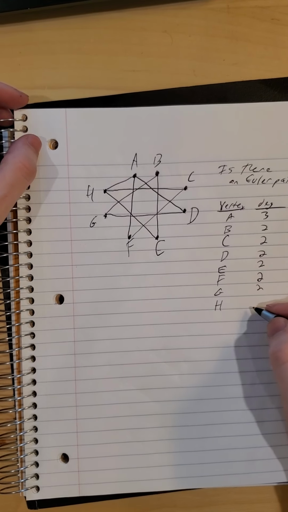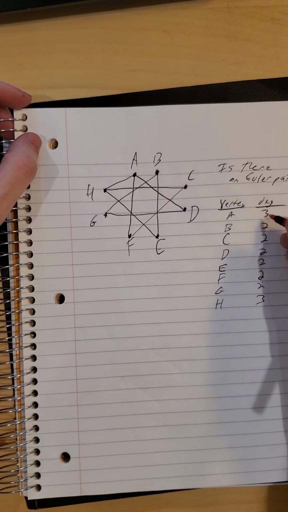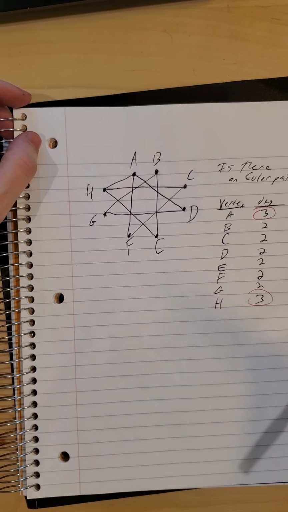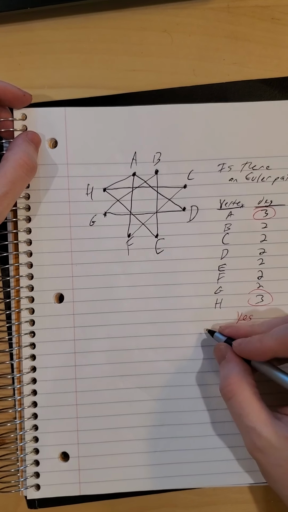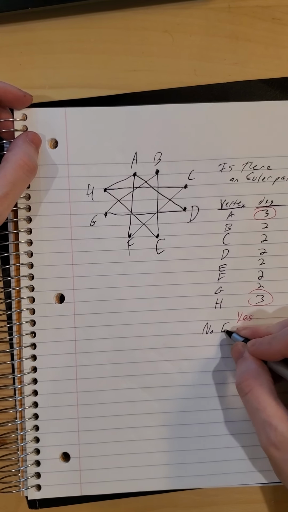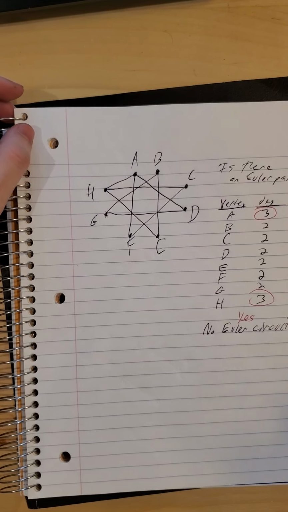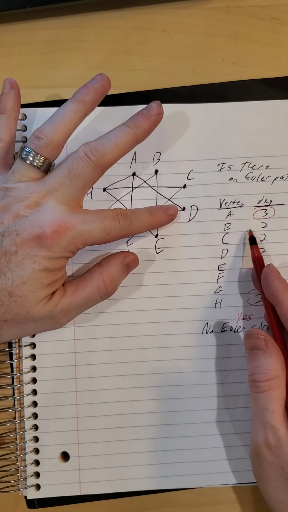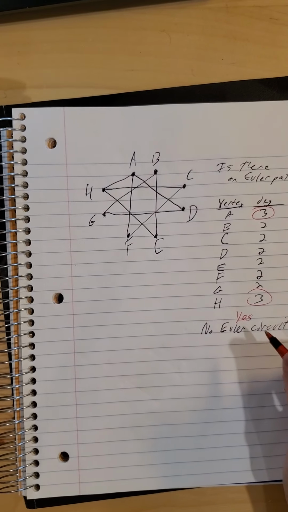And hotel, degree 3. So yes, there is an Euler path. But no Euler circuit. And any Euler path will have to either begin or end on A and do whichever other on H.